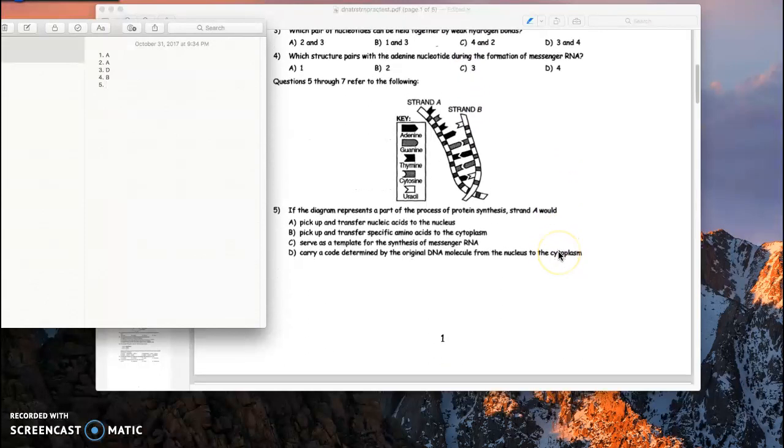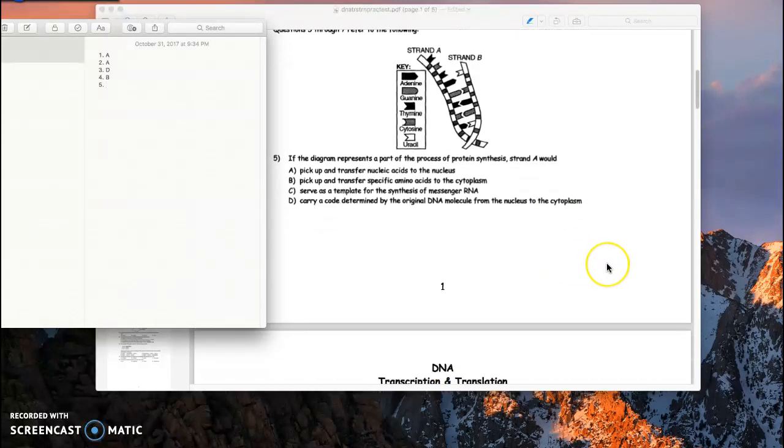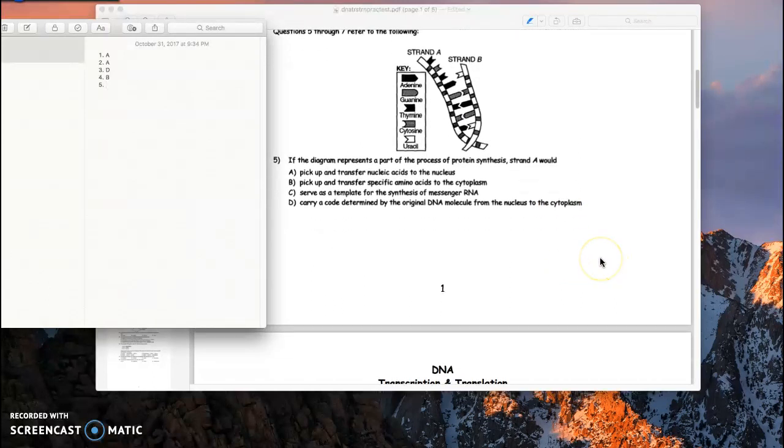So for number 5 through 7, we're going to have to do a little bit of scrolling, but that's okay. First and foremost, let's take a look at strand A and B and see if we can identify what is really what here. When we look at our key, we can see that each one of these shapes has a different nucleotide associated with it.